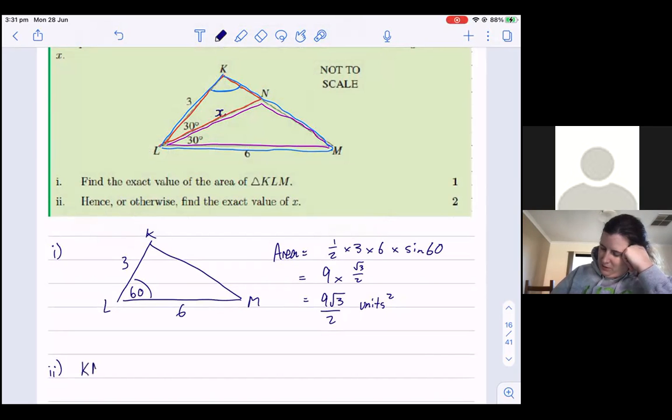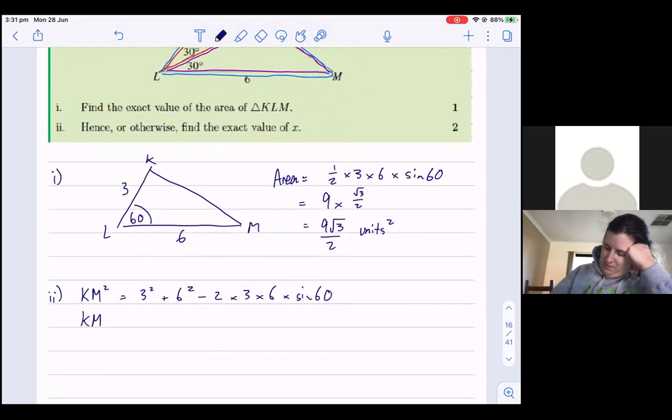I know KM squared is 3 times 6 times sine. Oh no, my apologies, cosine rule. 3 squared plus 6 squared, take 2 times 3 times 6 times cosine 60. So KM is going to be 45 take 36 times cosine 60, root 3 on 2.